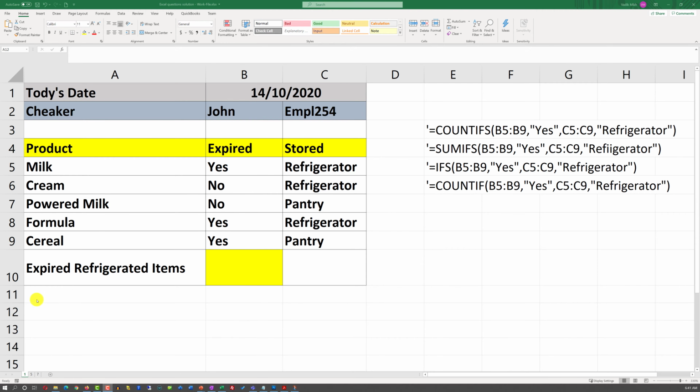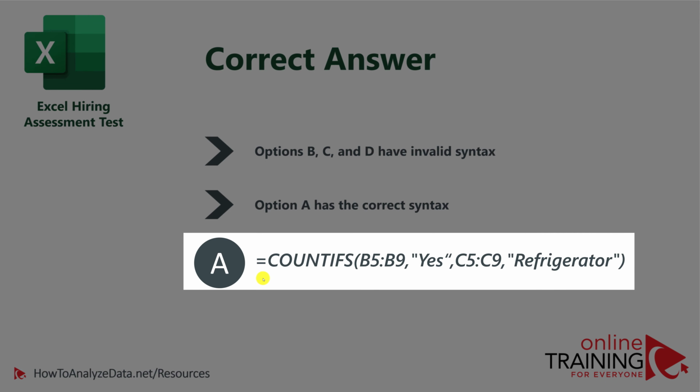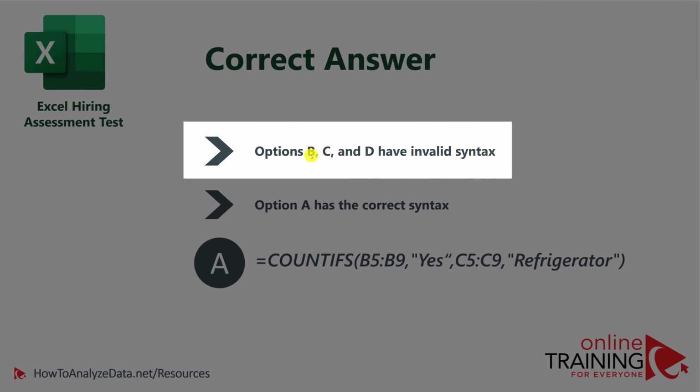And if we look at the syntax of the COUNTIFS formula, you will see that the COUNTIFS formula supports multiple criteria and ranges, versus the COUNTIF formula, which only supports one range and one criteria. So the correct answer here is choice A, because choices B and C not just logically cannot calculate the value, but also have incorrect Excel formula syntax.